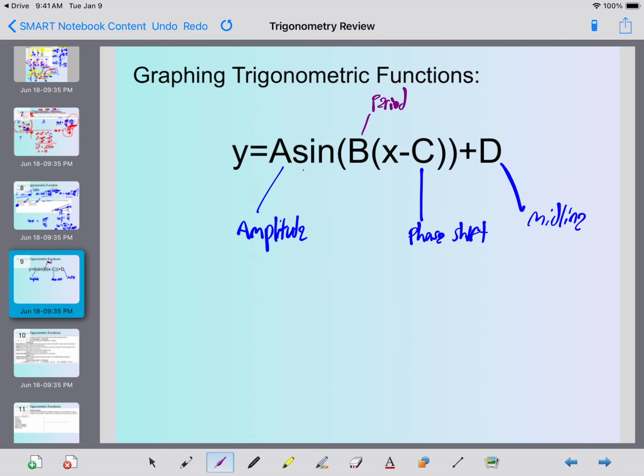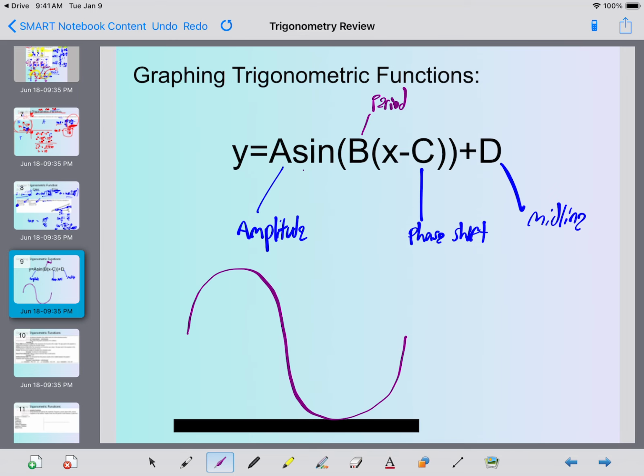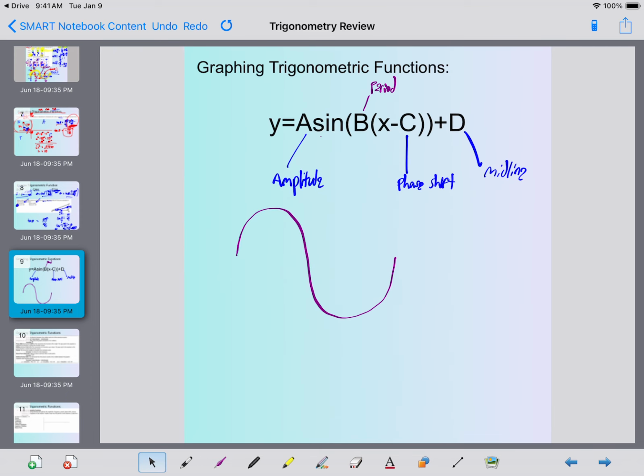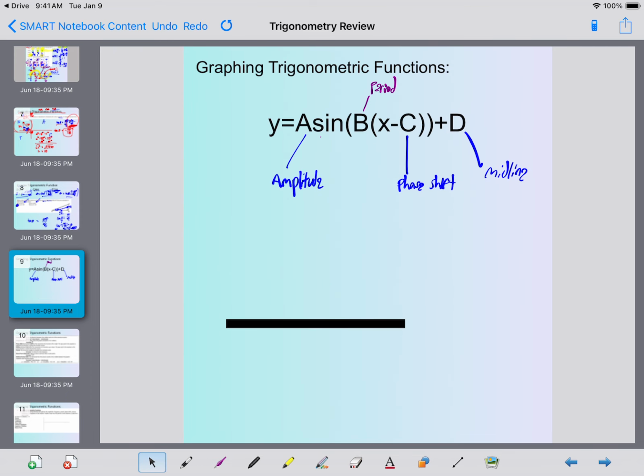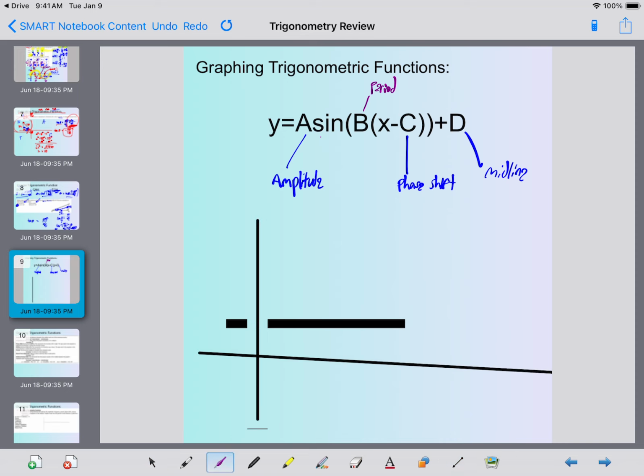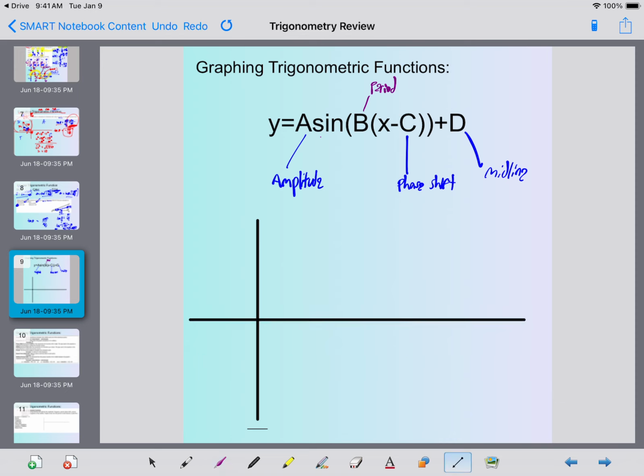So we'll go into it when we graph things as well. But let's say we have this sine function. Your midline splits it directly in the middle, right?